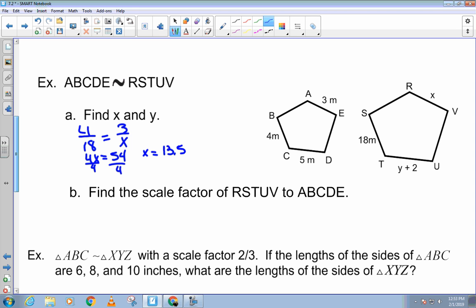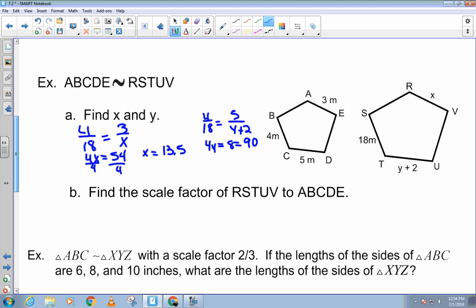Okay. Now, what if I want to do y? Am I going to do anything different? I'm going to use that same side that corresponds. 4 is to 18 as 5 is to y plus 2. So I'm going to cross multiply, which I'm going to have to distribute here. 4y plus 8 equals 18 times 5, 90.